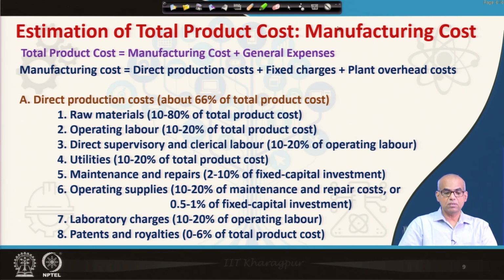and raw materials, operating labor, direct supervisory and clerical labor, utilities, maintenance and repairs, operating supplies, laboratory charges, patents and royalties, expenses for all these will come under direct production cost.